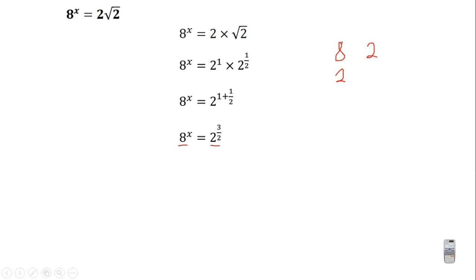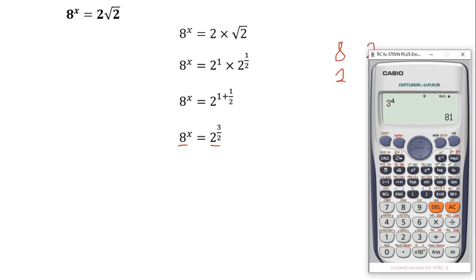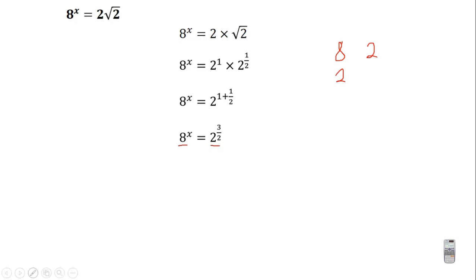If you do that on your calculator, you will see that if you find 2 raised to the power 3, you will get 8. It means that 8 is the same as 2 raised to the power 3. So 2 raised to the power 3 is equal to 8.